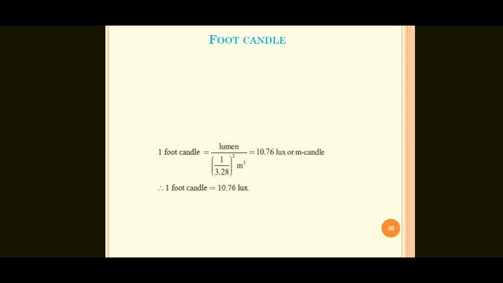So what are the topics we covered today? The nature of light and its propagation, and also the definitions of plane and solid angles, luminous flux, luminous intensity, lumen, candle power and illumination. The wavelength of light generally varies from 4000 to 7500 angstrom units.